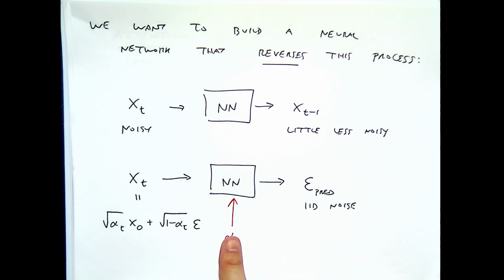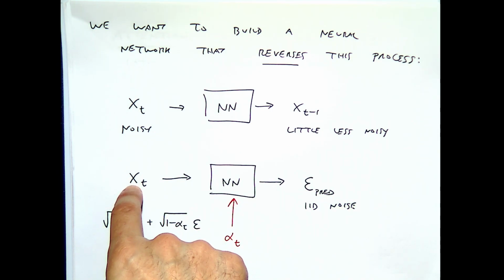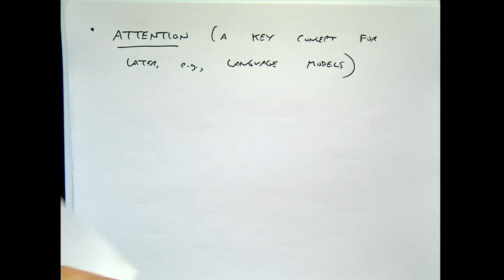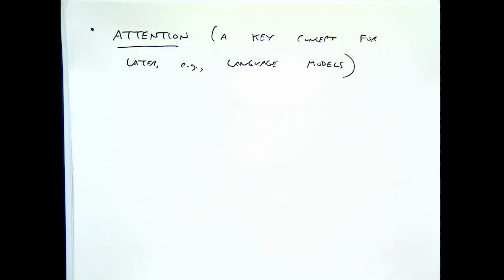Because otherwise, you can imagine that if there were millions of parameters in a 1024 by 1024 image and there's one number for the alpha, how am I going to make that alpha play the same role as the image? Because the alpha is really important, since I have to know how much noise I added to undo the noise. So the question is, how do I make the influence of that scalar felt in the network?